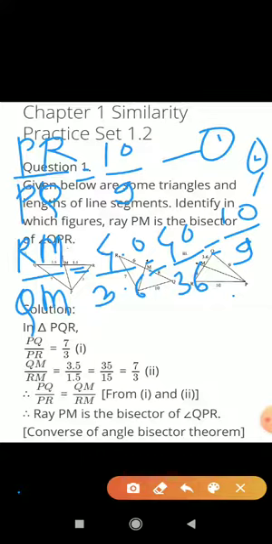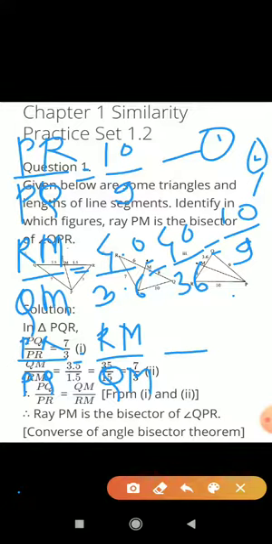So we can write here PR upon PQ is equal to RM upon QM. And if the ratio is equal, then we can say therefore RM is the bisector of angle QPR and the reason is the converse of the angle bisector theorem.